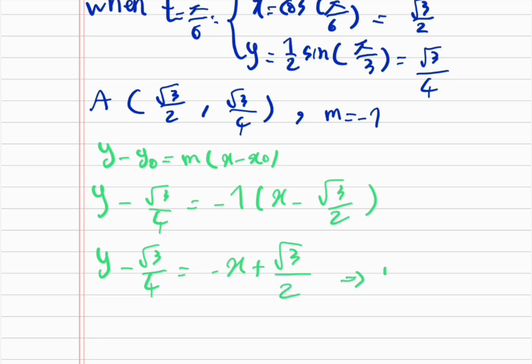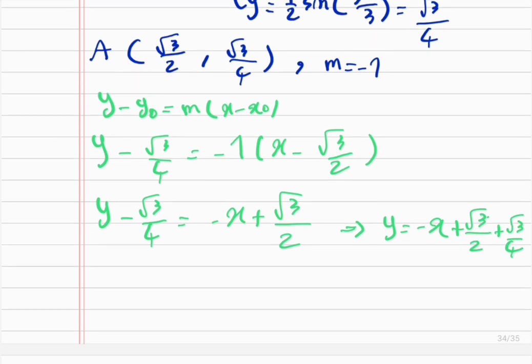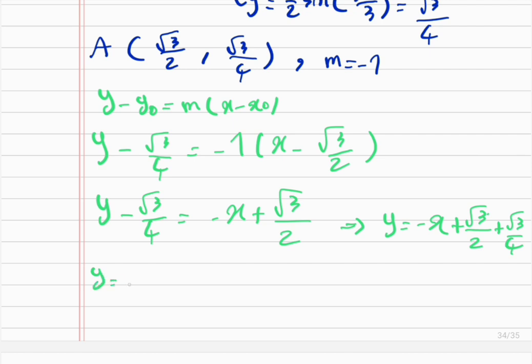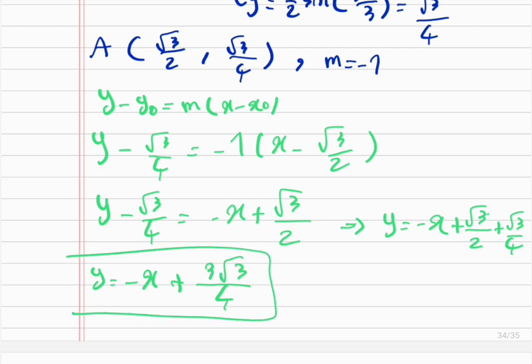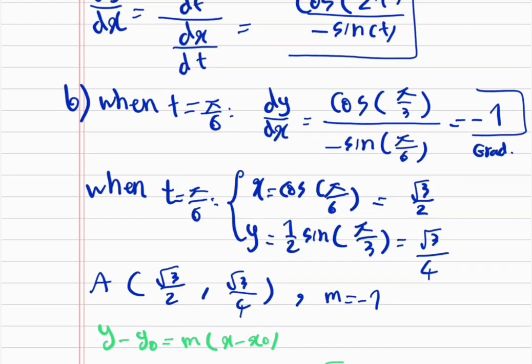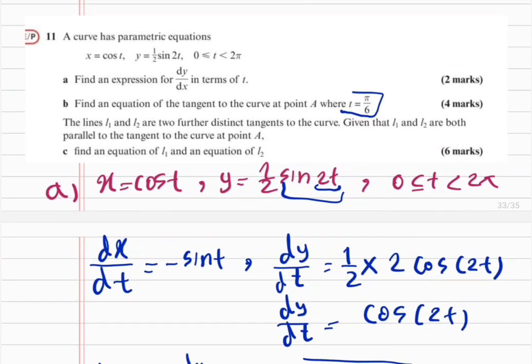Then y is equal to minus x plus root 3 over 2 plus root 3 over 4, and simplifying the right hand side, y equals minus x plus 3 root 3 over 4. So this is basically the equation of the tangent to the curve at point A.